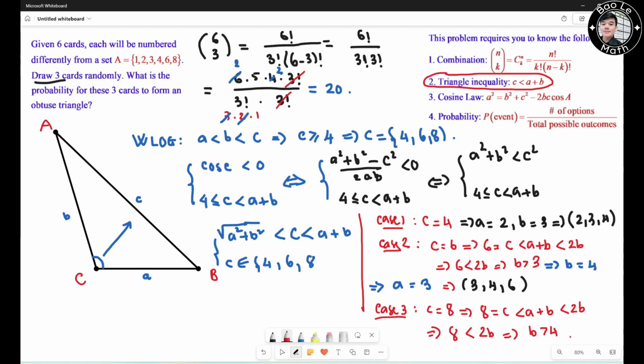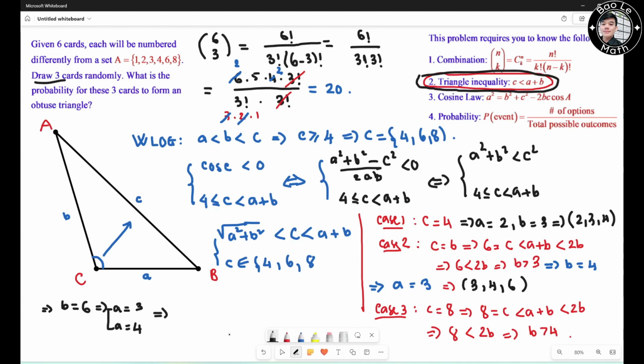Now I don't have enough space, so I'm going to write over here. This implies that b must be 6. If b equals 6, then a equals 3 or a equals 4.